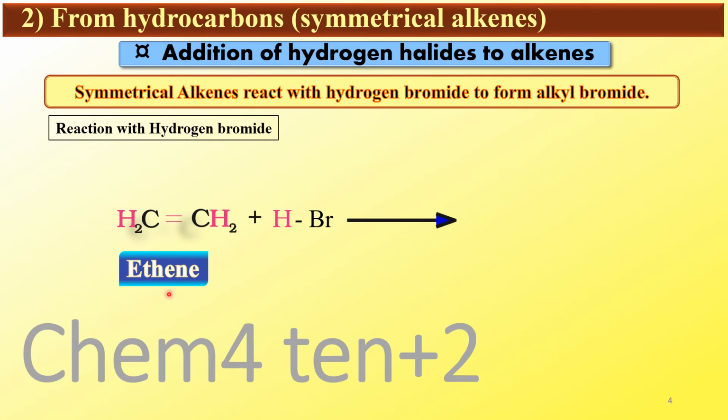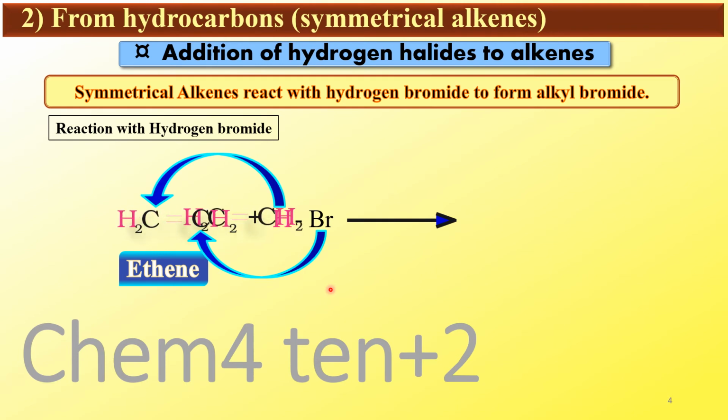Symmetrical alkene. Symmetrical alkene when treated with HBr, that is hydrogen bromide, as we find here, the carbon-carbon double bond breaks and hydrogen of HBr goes to one carbon atom and Br of this HBr goes to another carbon atom.